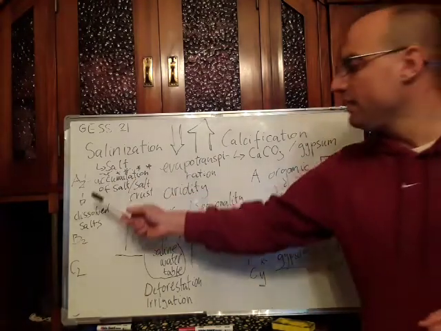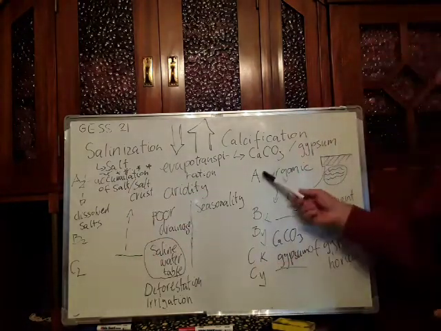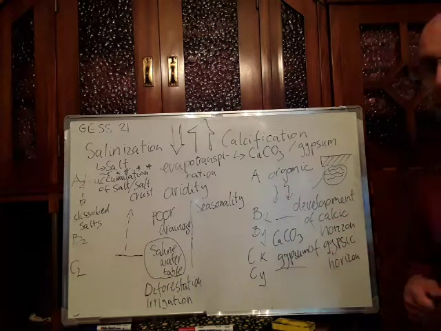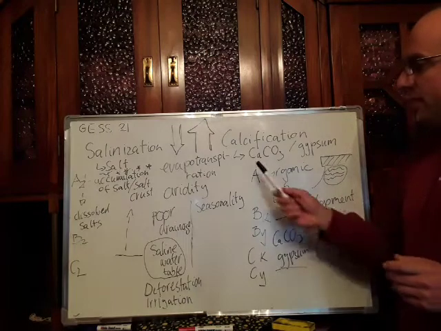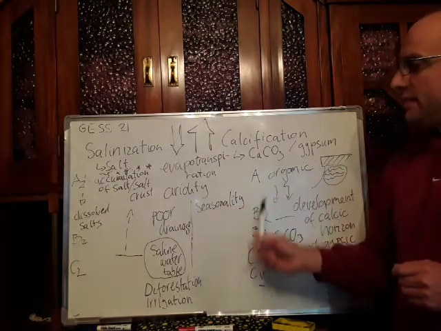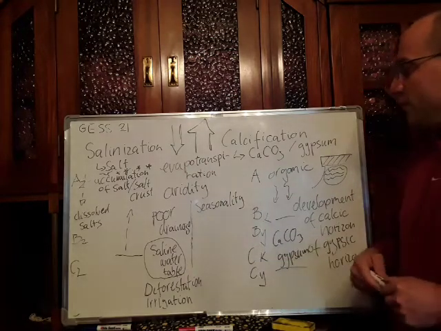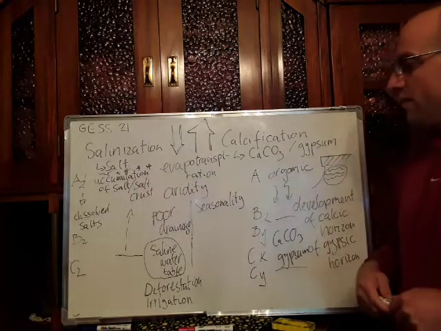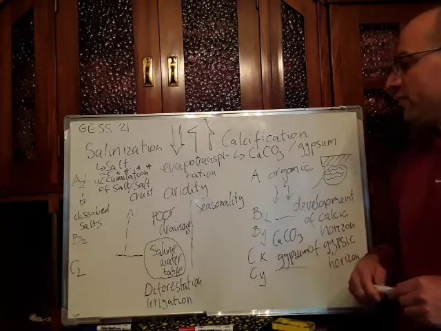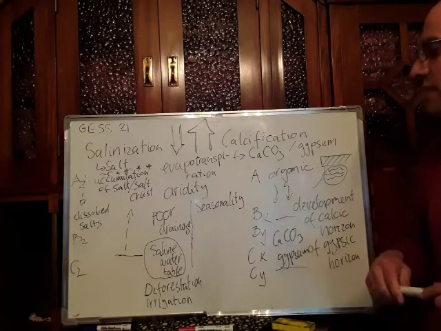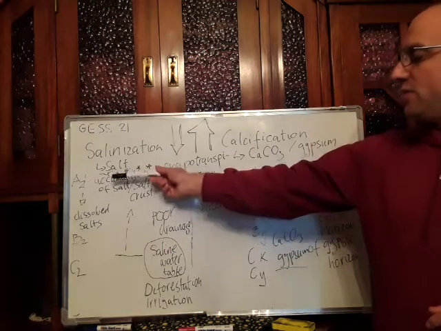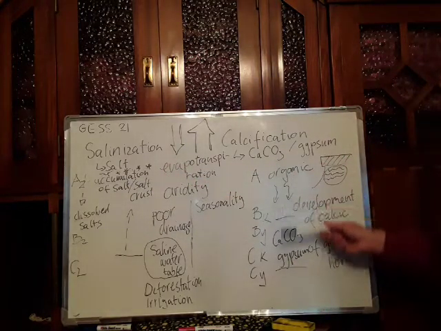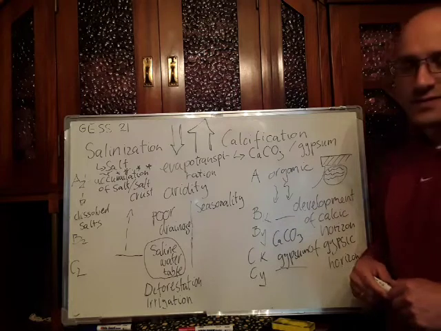Here we got A2, B2, C2. Here we got A, BK, BY, CK, or CY. So these are things that we need to know, as well as at least some of the reasons why these happen and the kind of materials that are playing key roles: salt, calcium carbonate, gypsum, and where it happens on the surface or in the A horizon mainly, and the B and C horizons for calcification.